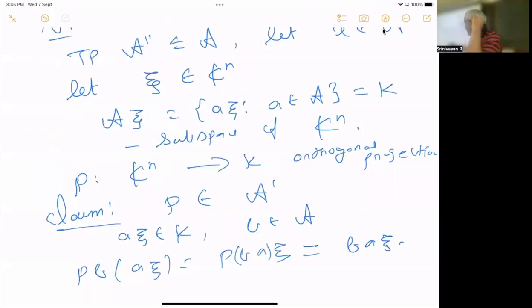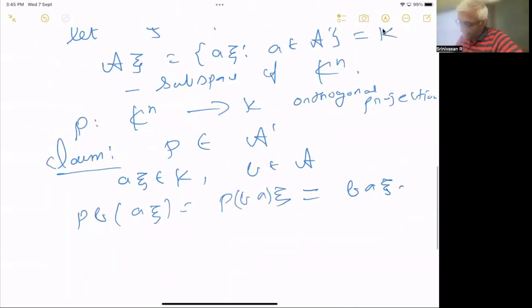Xi is a fixed vector, and A xi is an element in K. That is why we have defined K like that. Now, if you have B acting on A xi, it's just B A xi. BA is also in A, so that element is in K, and P acting on it is identity.